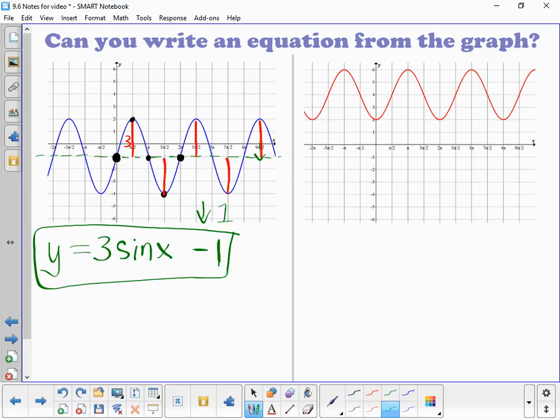Okay, one more. We have this function that's shown in red. So again, you should start by finding where that midline is located. In this case, now that you have that midline sketched in, you can see that the function shifted up 4 units. So we know we're going to have a plus 4 at the end.